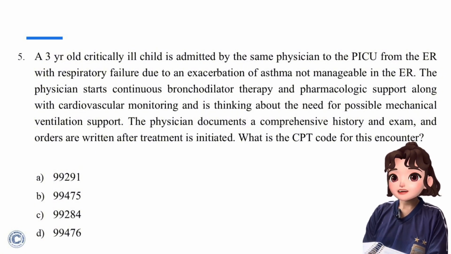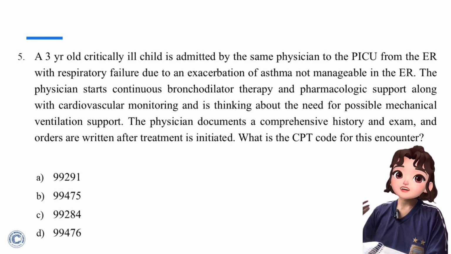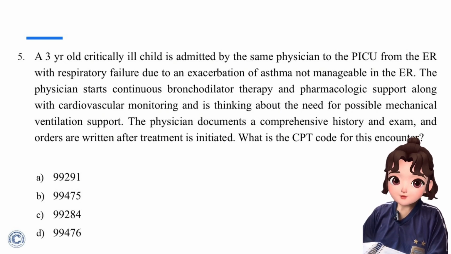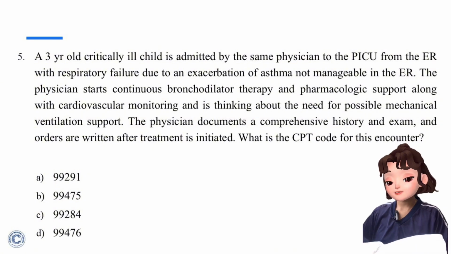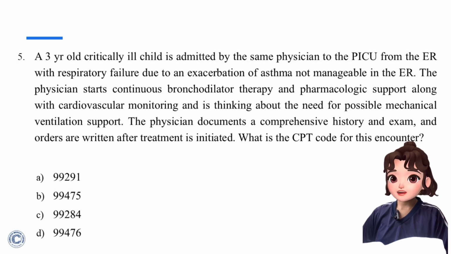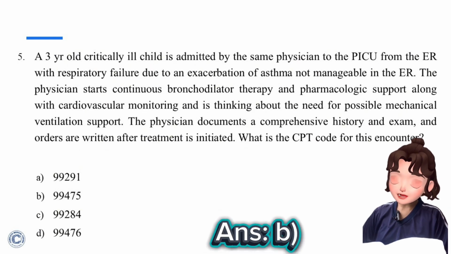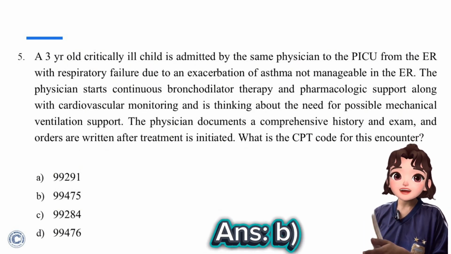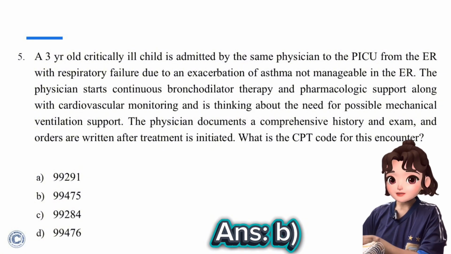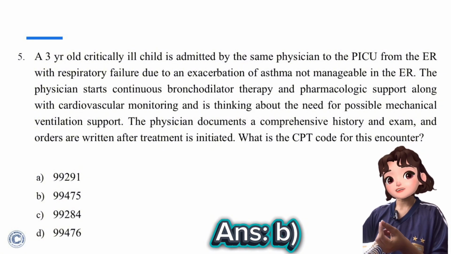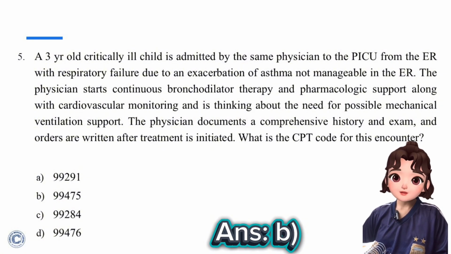But here, from the emergency room, the patient has been shifted to the PICU. So currently the patient is in the PICU, and you have to code for the PICU. So 99284 is also wrong. The correct answer is option B, 99475, for the initial inpatient pediatric critical care code, for ages 2 to 5 years. That's how you have to mark it.